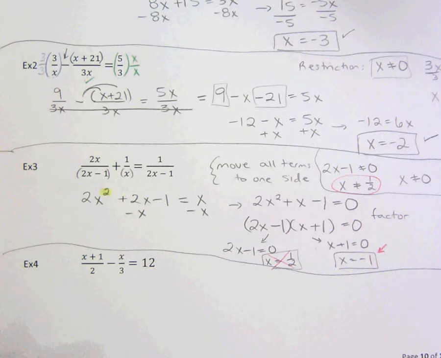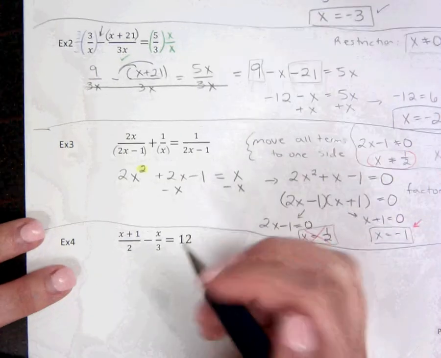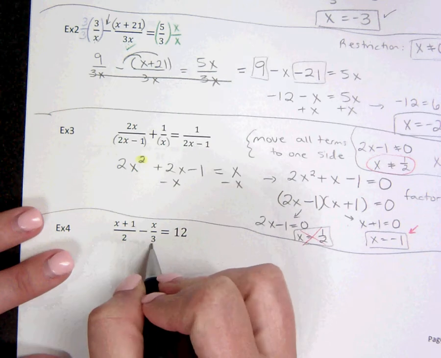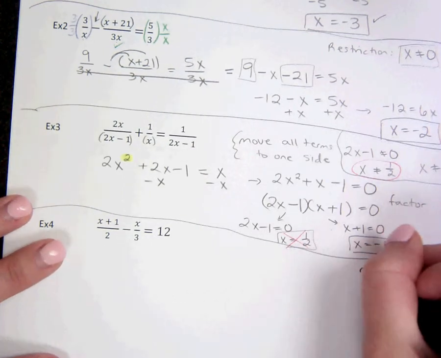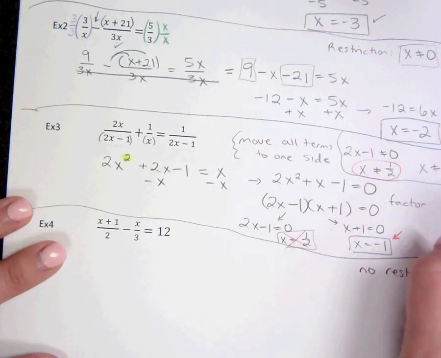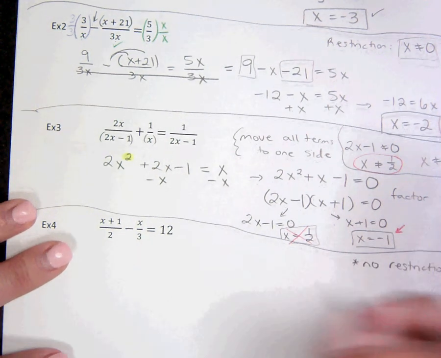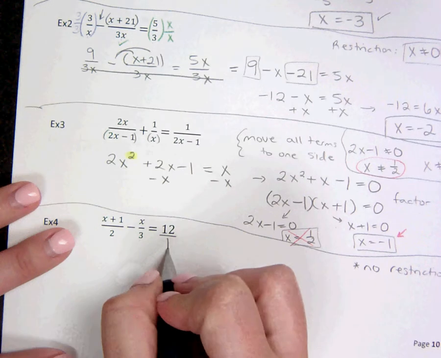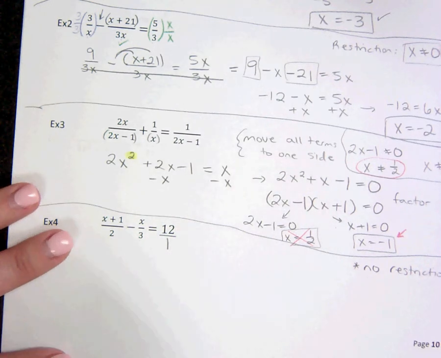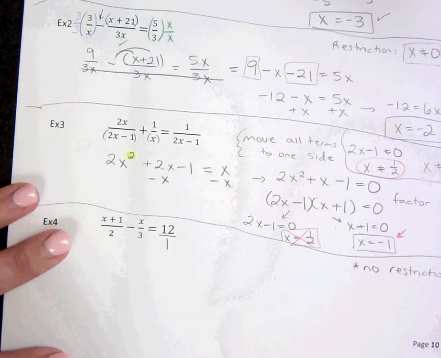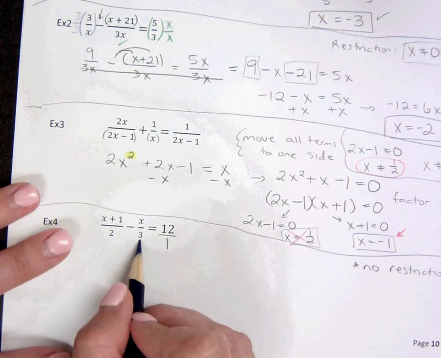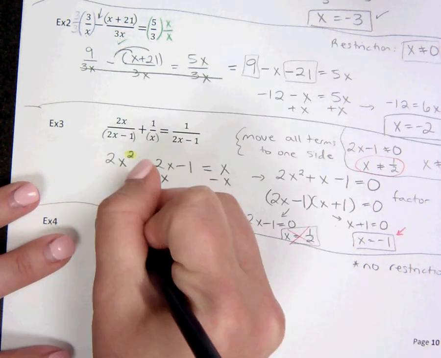Alright, let's look at example 4. We only have integers on the denominator, so there are no restrictions. You always want to do that first so you don't forget. I'm going to put this 12 over 1 so that we have numerators and denominators for everybody. Because all the denominators are integers, it makes it a little bit easier.